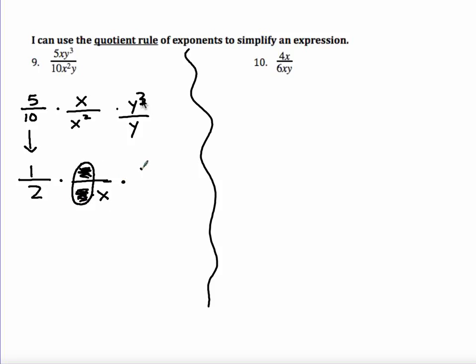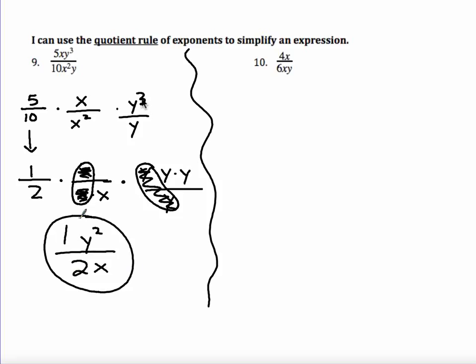But then I have to look at this y term. If I simplify this out, I've got y times y times y over y, and again, one of these will match up and cancel out, and I'm left with y times y, which gives me y squared over 2x.